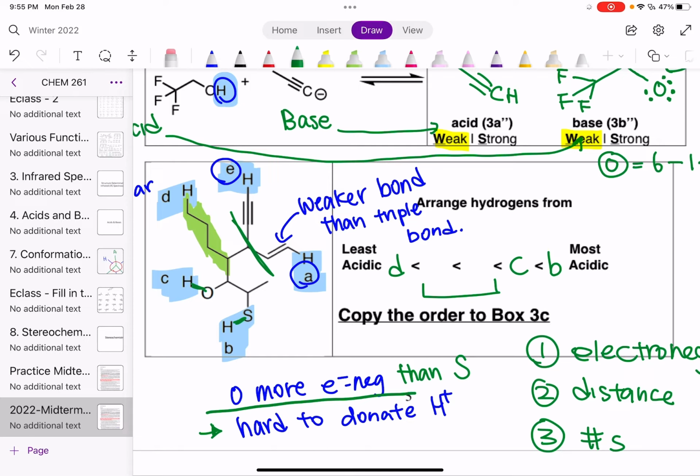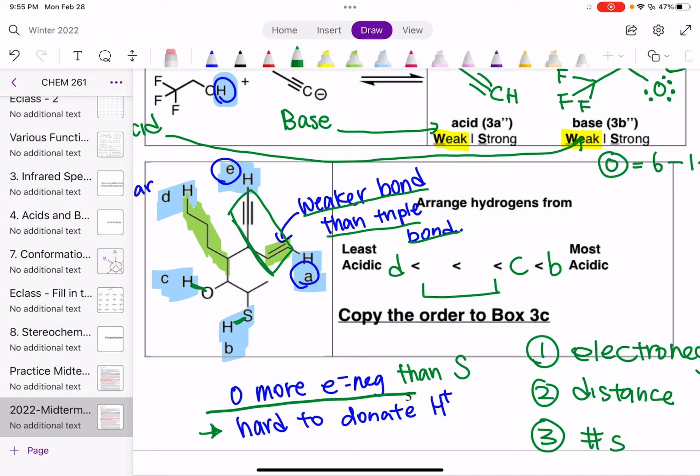So we have our ranks here, and in terms of the double and triple bonds right here, let me just highlight it. The double bond, as you can see here, is a weaker bond than the triple bond. Why? Because this is basic knowledge: the triple bond is stronger than the double bond.